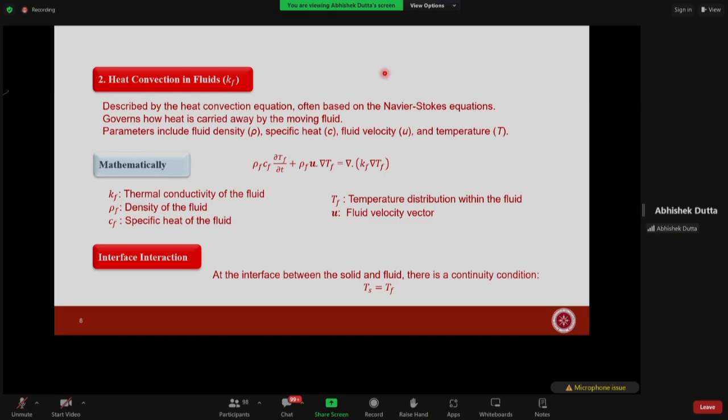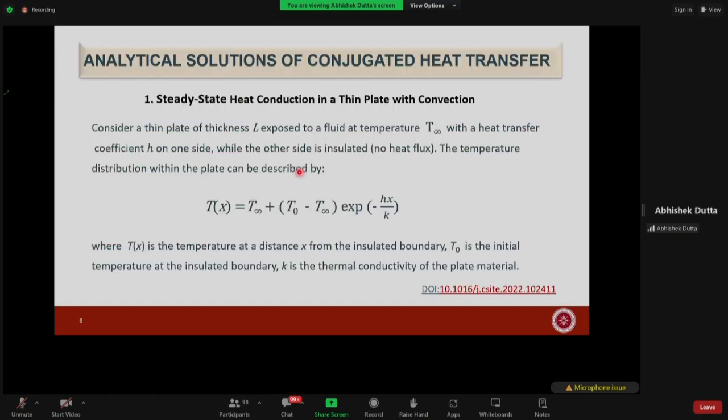Keep in mind that this interface interaction is a very critical parameter for handling conjugated heat transfer correctly. It's just an example of conjugated heat transfer I mentioned, convection and conduction. There is much more to that. There is radiation involved. Now, since I have talked about conduction and convection, I'll try to show you some examples of analytical solutions of this conjugated heat transfer.